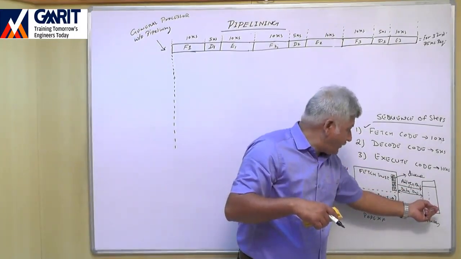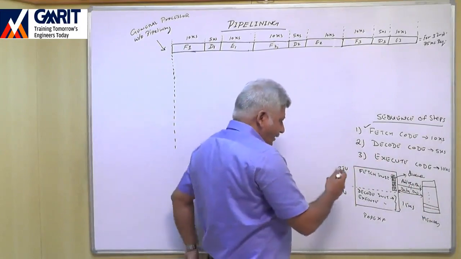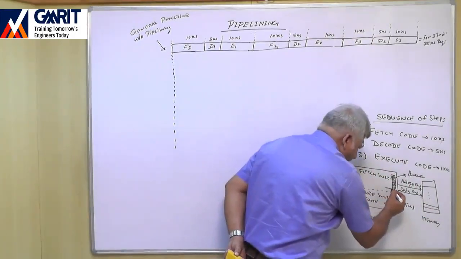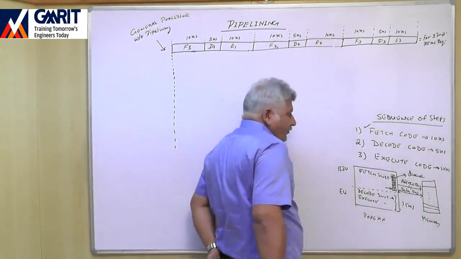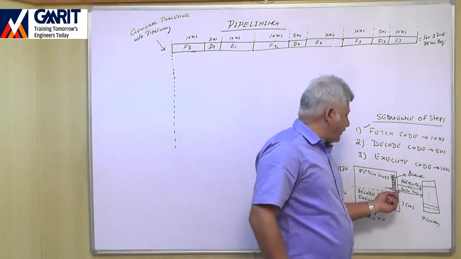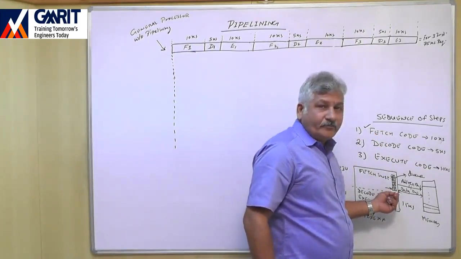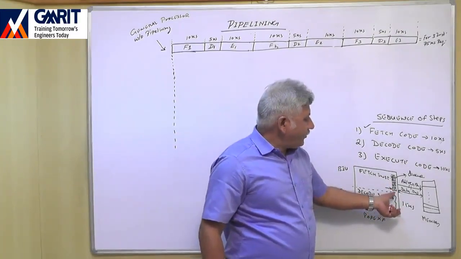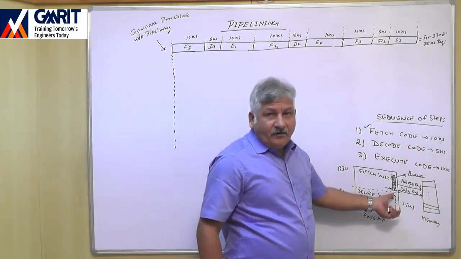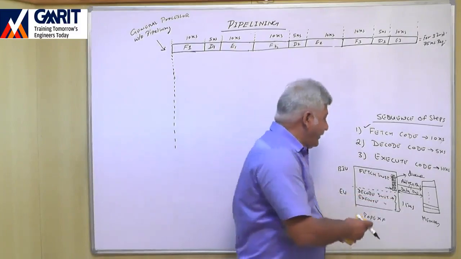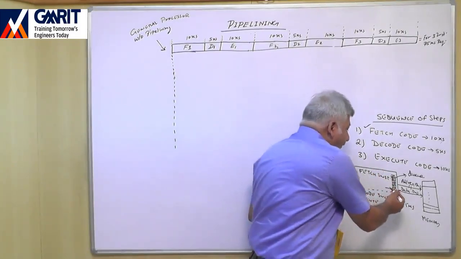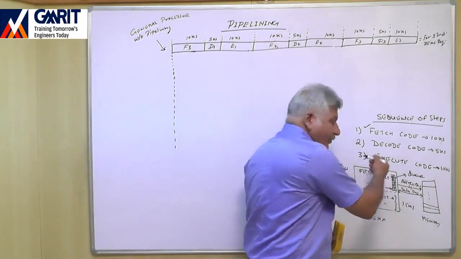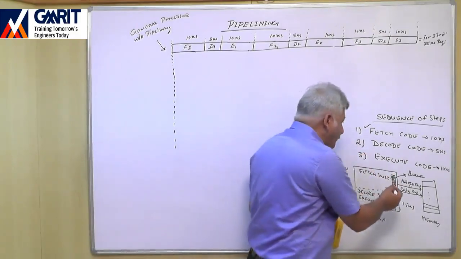It should fetch the next instruction, and it will store it inside the first byte location of the BIU, right? Then once the execution completes, the next code is already available inside your processor, in the queue.